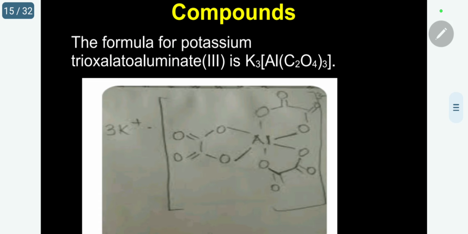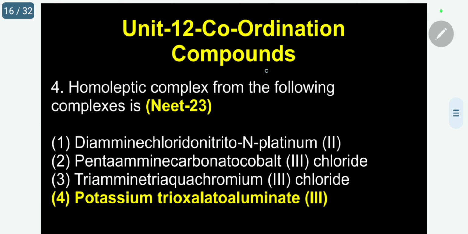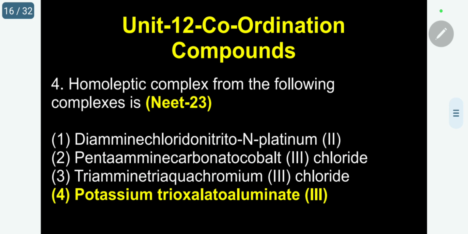This type of complex is correspondingly called a homoleptic complex. So this is the example. So the answer is 4. Potassium trioxalatoaluminate 3 is the correct answer.